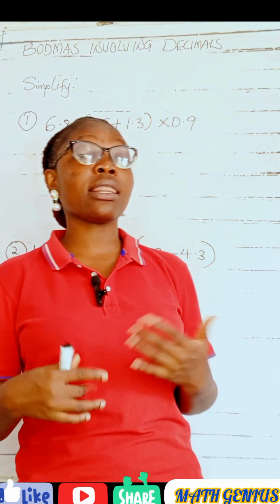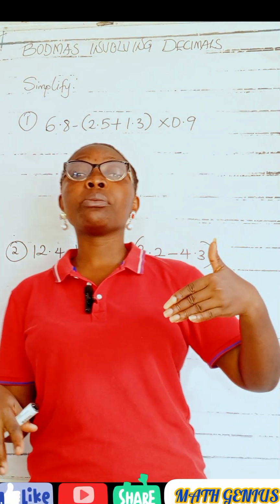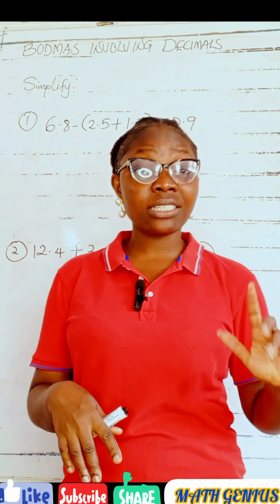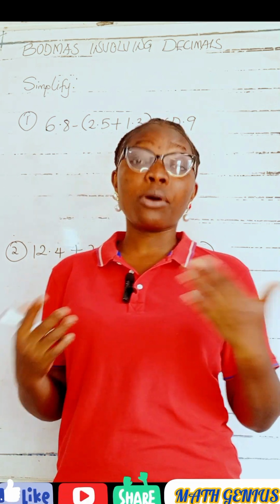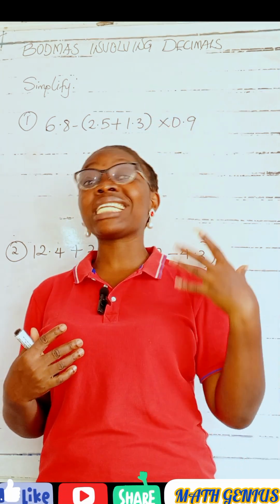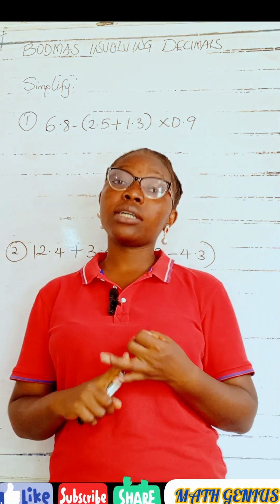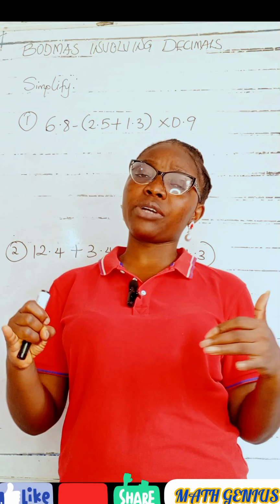Like I will always say, your numbers are in various categories. We have numbers as whole numbers, we have numbers as fractions, we have numbers as decimals. So we are going to see how we can apply BODMAS. Remember, BODMAS is just an acronym that means bracket, order, division, multiplication, addition, subtraction.